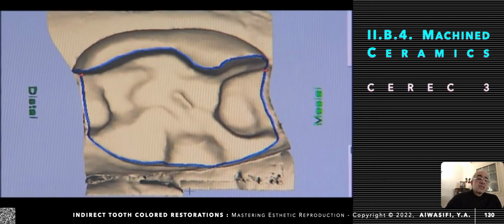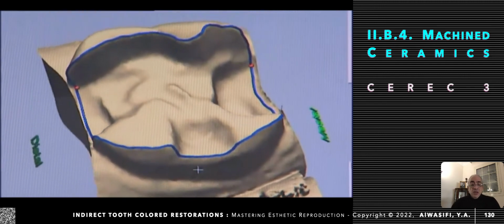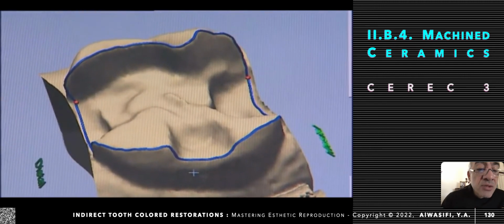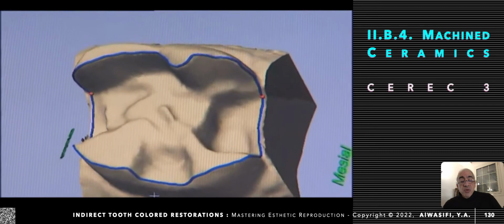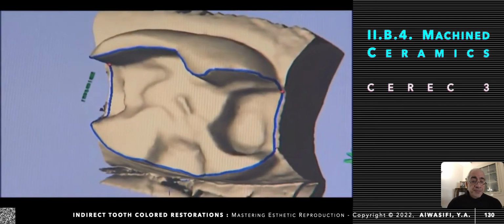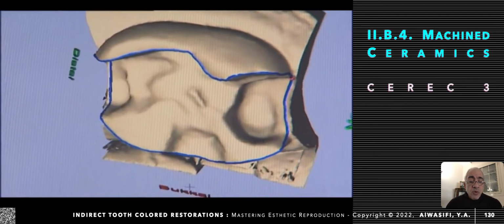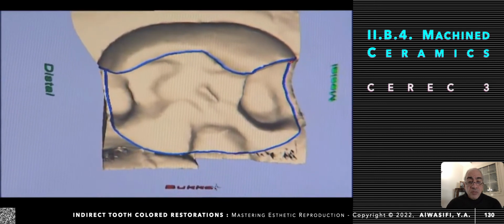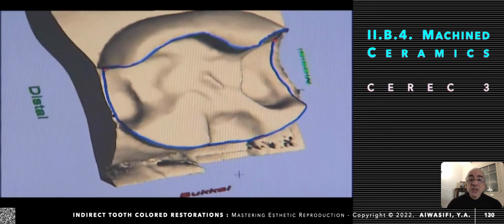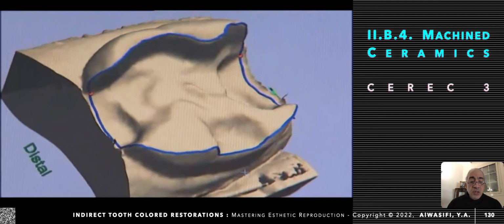It is exactly the same as red pencil marking of your margins for other techniques we discussed before. He is reviewing his margin from all points. The software allows him to inspect it in three-dimensional views.